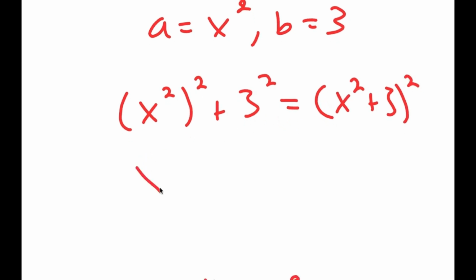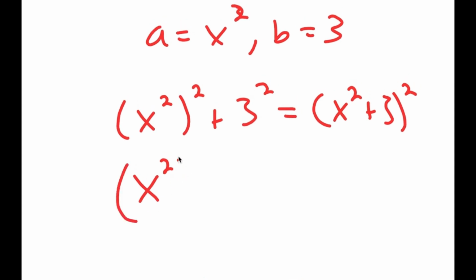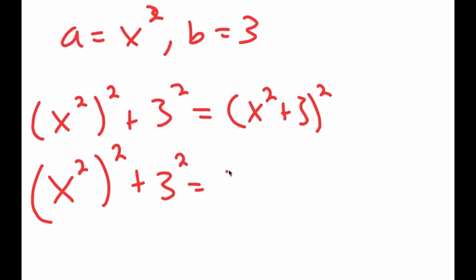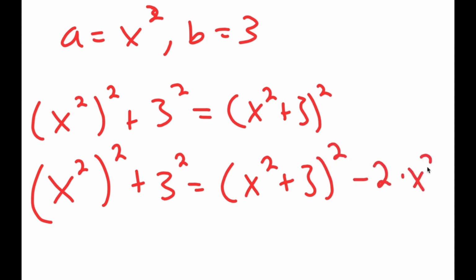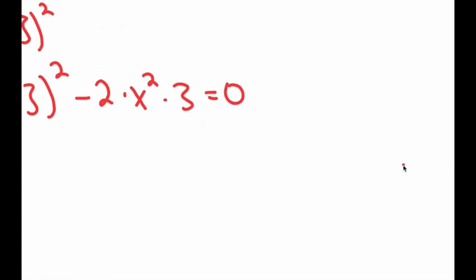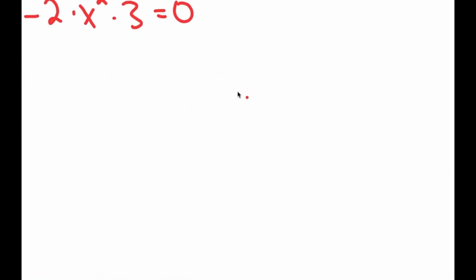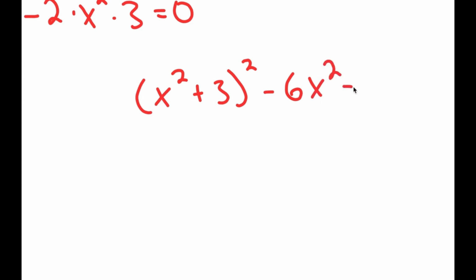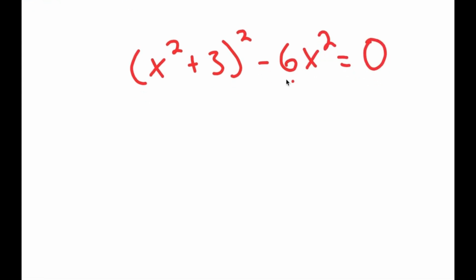And this turns into x squared to the power of 2 plus 3 squared is equal to x squared plus 3 squared minus 2 times x squared times 3 is equal to 0. So now from here, I get x squared plus 3 squared minus 6x squared is equal to 0.